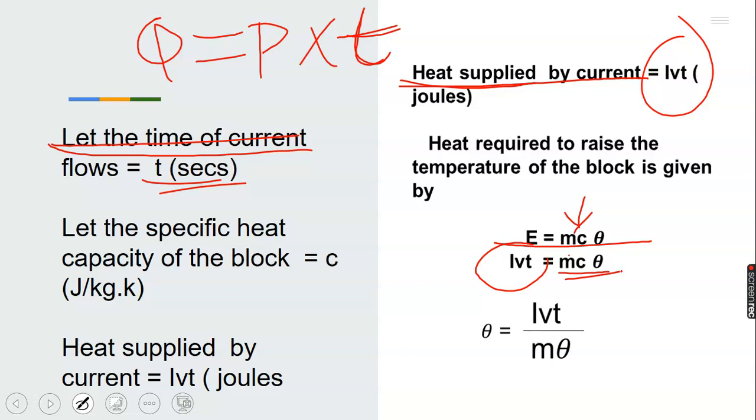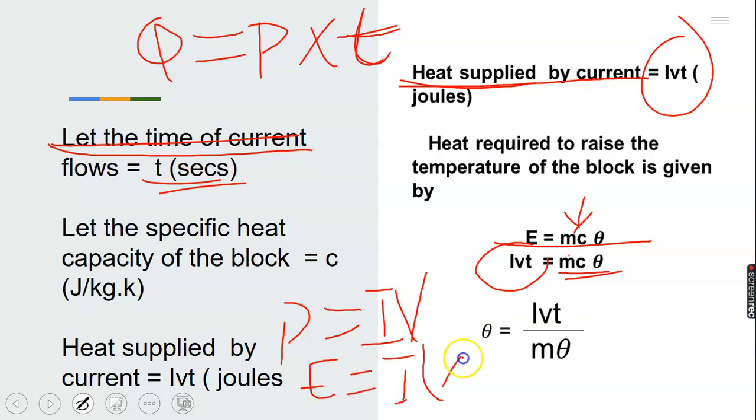At times, we may be given the power directly. Power equals IV, that is current times voltage. Then, the energy required equals IV, which is power, times the time taken for the current to flow. By the time you put it there, I have C equals IVT over m theta.